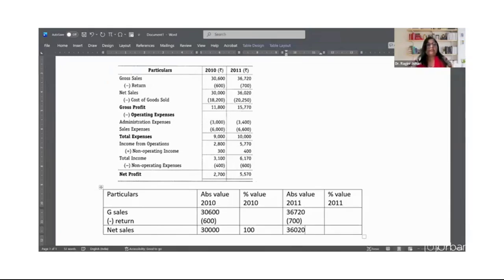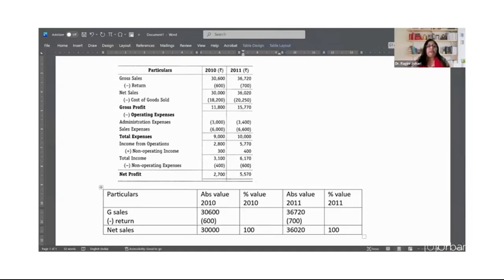Likewise, this 36,020 is also taken as the net sales, that is 100%. Now we have to find all other percentages with respect to this 100%. So 30,600 divided by 30,000 into 100.